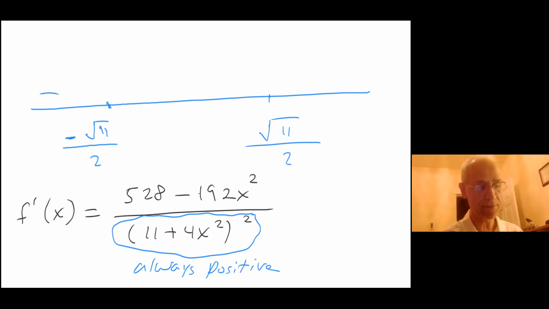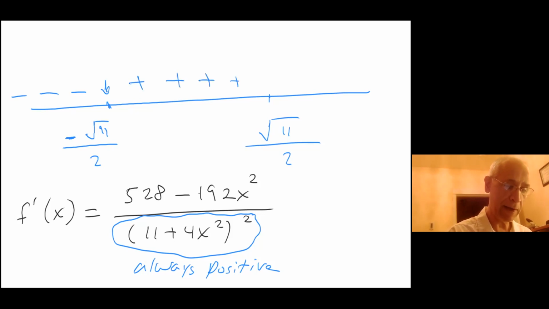So I have negative values to the left of negative root 11 over 2. Between negative root 11 over 2 and positive root 11 over 2, a natural number to choose is 0. If I plug in 0, I will get just a positive 528 divided by another positive number. It's going to give me a positive value. So every value between these two critical numbers is positive.